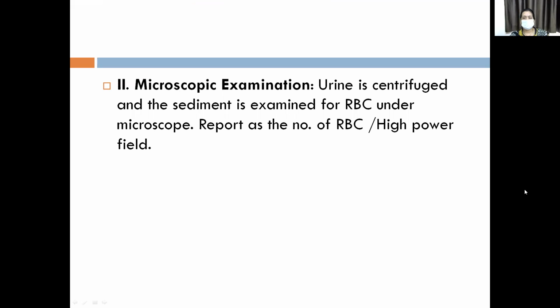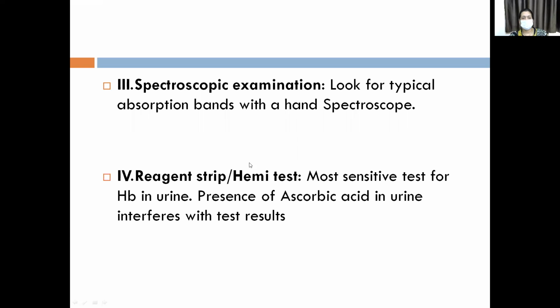Microscopic examination: urine is centrifuged. Centrifuge means you keep the test tube in the centrifuge instrument, which spins round and round. Then the sediment is examined under the microscope for RBCs, and the number of RBCs per high power field is noted.